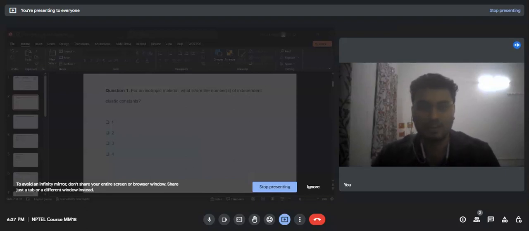If the elastic modulus is different along three perpendicular directions, the material is what? First we have to check which material can have three different elastic moduli in perpendicular directions. There will be x, y, z, three directions. If we take the isotropic case, suppose we are making a cube.